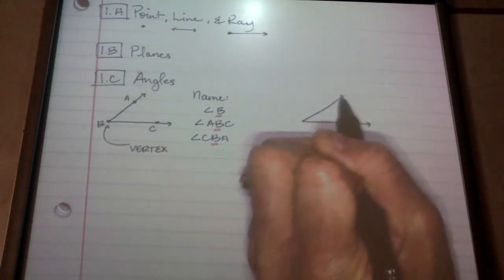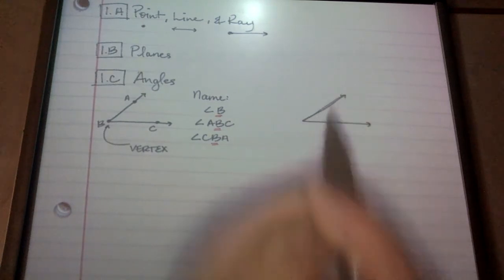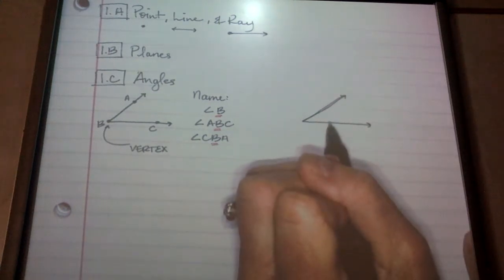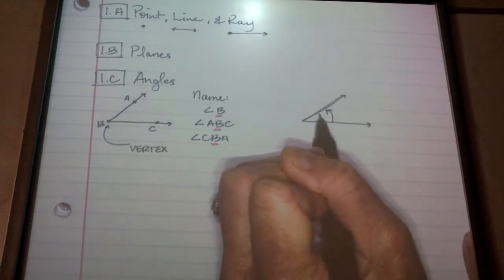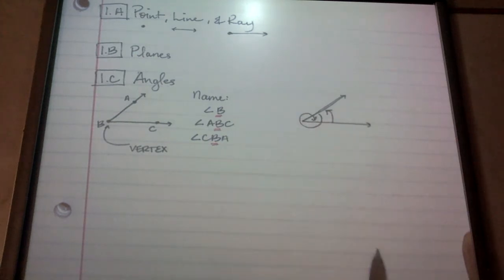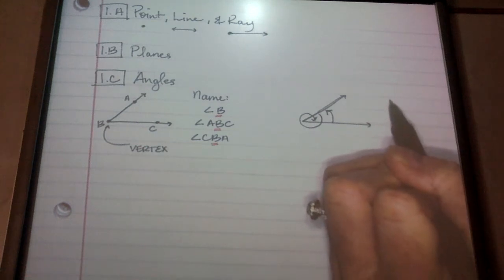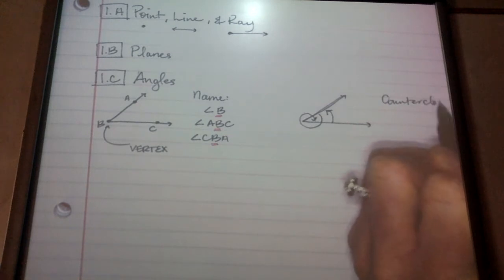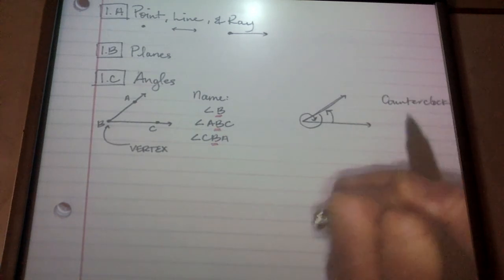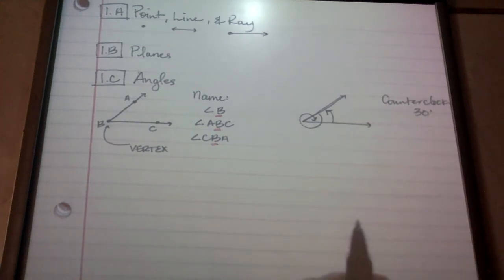A couple other pieces of vocabulary you at least need to recognize. Angles can be formed 2 different ways. They can be formed counterclockwise or clockwise. So for example, if I were to measure this counterclockwise, it would only be, let's say, 30 degrees.